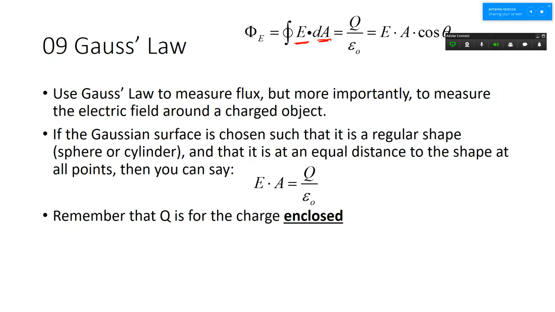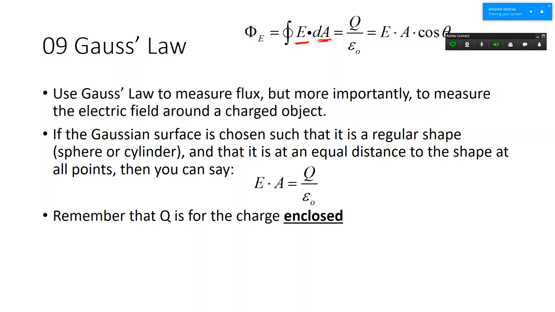In the cases that we looked at when we were doing Gauss's law, we always chose a Gaussian surface such that it met two conditions. The two conditions were that there is an equal distance everywhere to the charged object, and two, that the area and the electric field were always parallel.